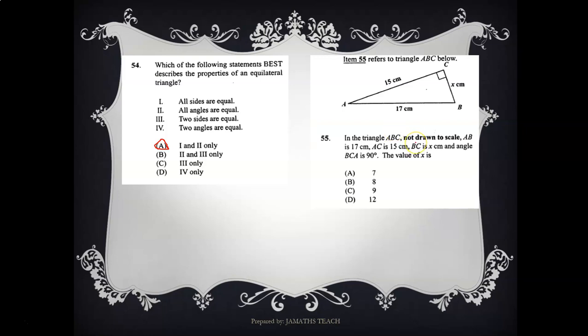In the triangle ABC not drawn to scale, AB is 17 centimeters, AC is 15 centimeters, BC is X centimeters, and angle ACB is 90 degrees. What is the value of X?